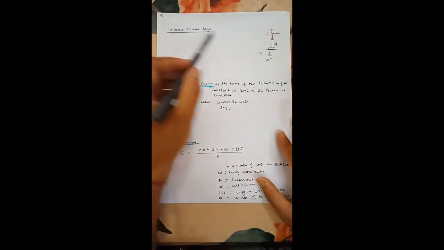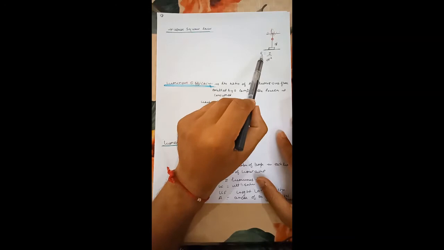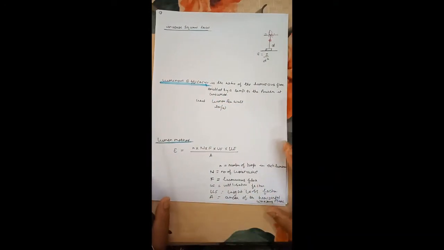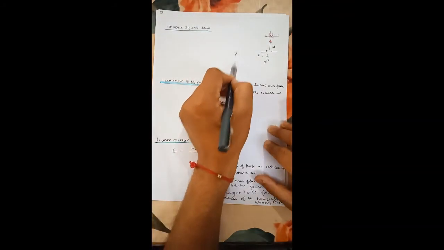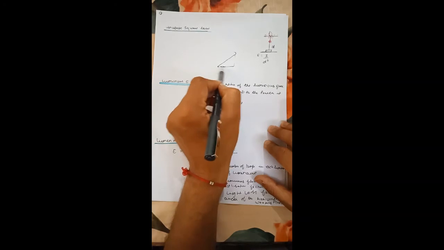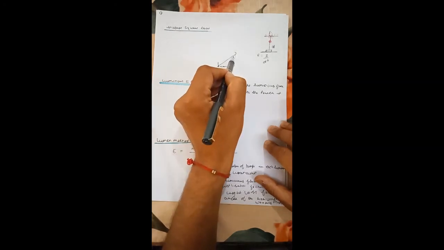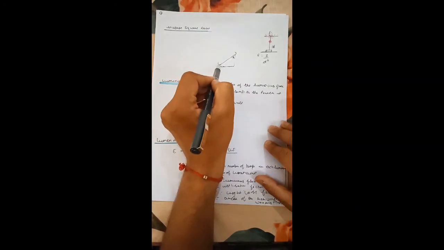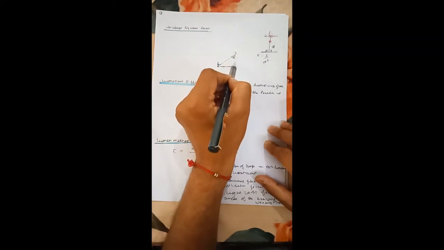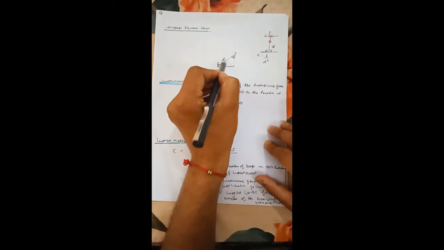We have done the inverse square law: d is the distance, then E is equal to I by d square. If the cos theta is involved, then it will go like this: theta, and this will be the distance.